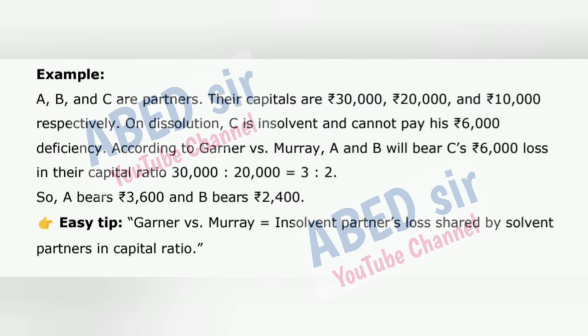According to Garner versus Murray, A and B will bear C's 6,000 rupee loss in their capital ratio, 30,000:20,000, which is 3:2. So, A bears 3,600 rupees and B bears 2,400 rupees. Easy tip: Garner versus Murray means insolvent partner's loss is shared by solvent partners in capital ratio.